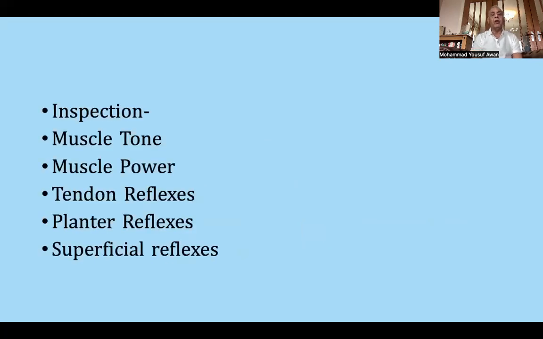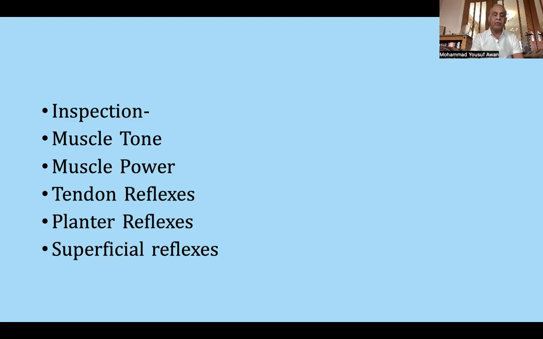So when you are asked to examine the motor system, you start with inspection. I'm not going into the details of examination of the motor system, but just briefly, the inspection, the check for the muscle tone, and then the muscle power, then you check the tendon reflexes, and then the plantar reflexes, and then you go for the superficial reflexes.